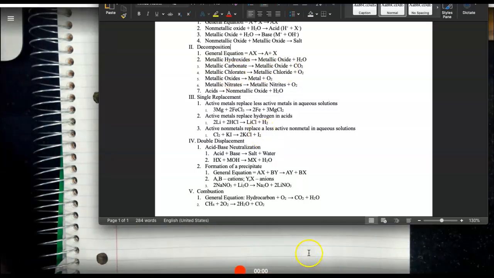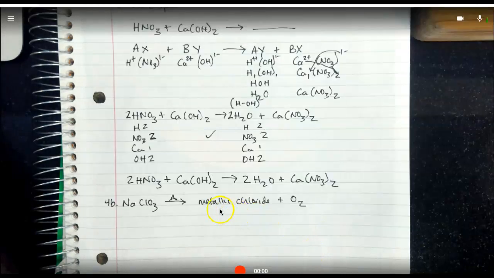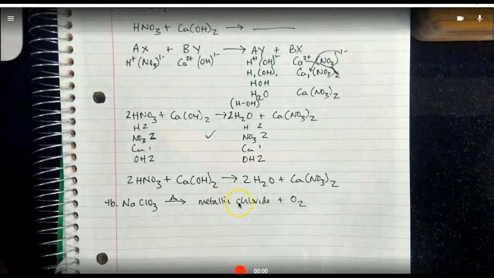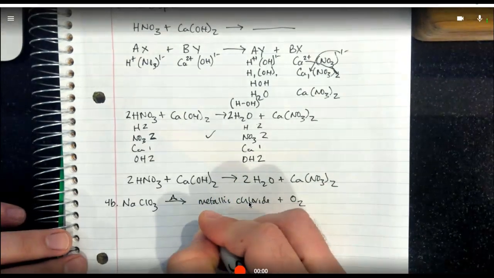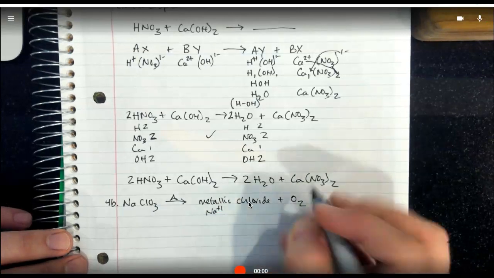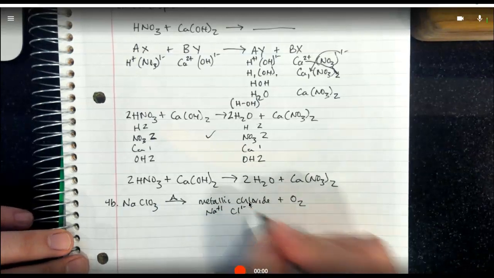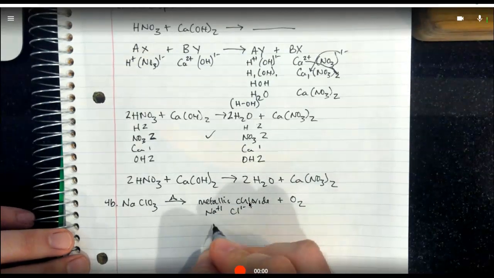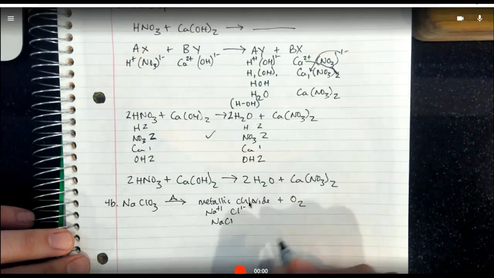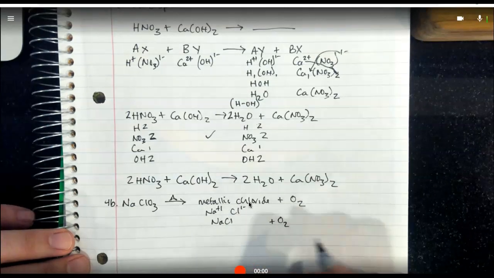So the metallic chloride here, the metal is sodium, chloride is Cl minus. So when we do our switcheroo, we end up with NaCl plus oxygen gas.